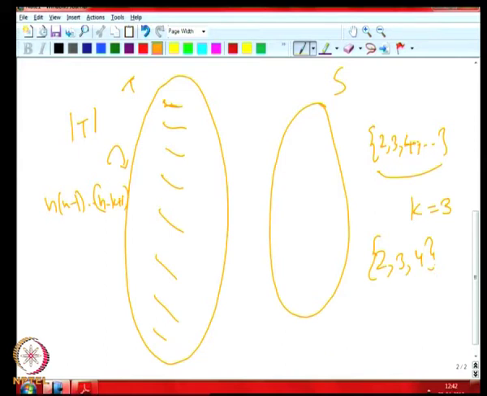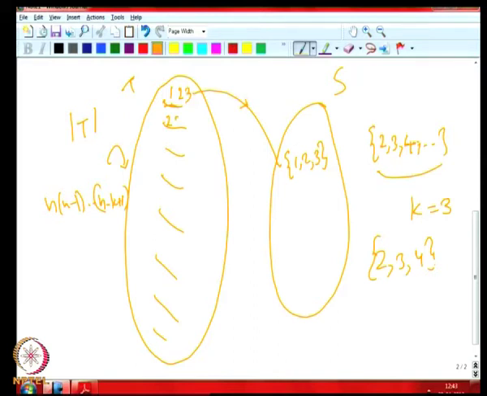Now, the function is constructed like this. If I see a list here, say 1, 2, 3, I will map it to the set 1, 2, 3. This is a list, but this is a subset {1, 2, 3}. Here there is no order. So, the mapping comes like this, this is mapped to this.